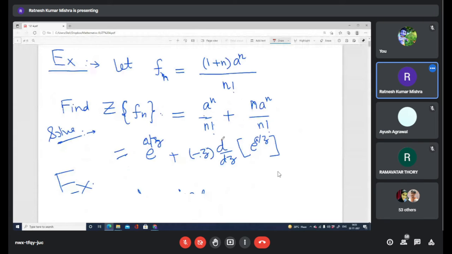Okay, now what we do, the left side is fz, so in the both sides multiply by z power p. So z power p fz.